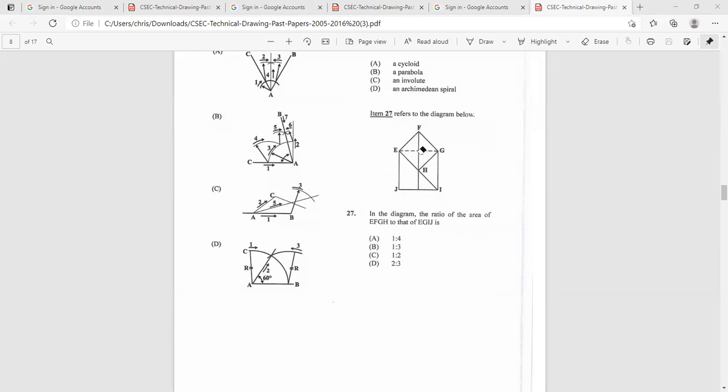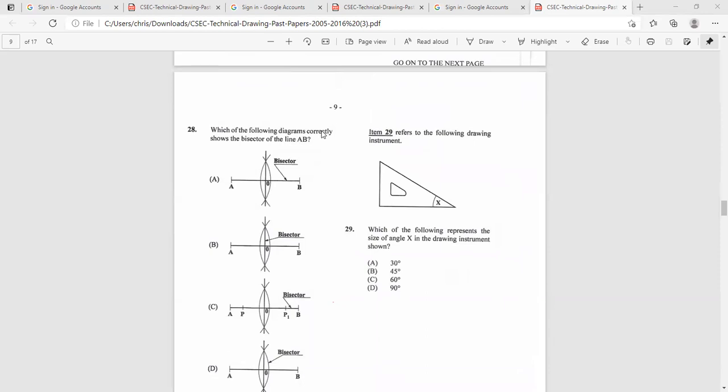So the diagonal for this is half, the diagonal for this is the length of one side of the largest square. The rule states that it is half the area. All right, that's a given. Let's move on to the next page.